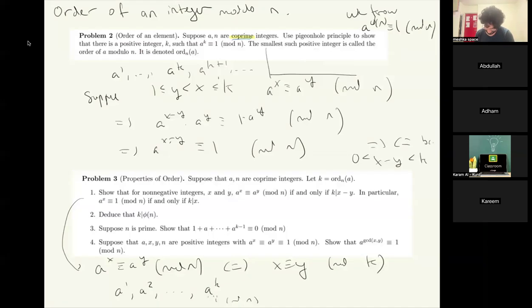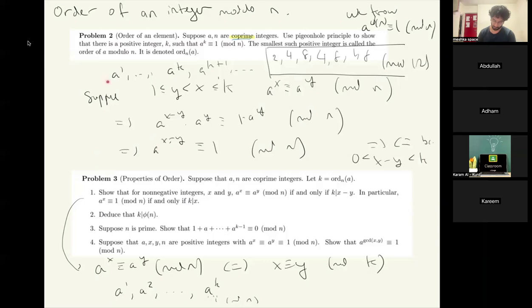Let's take mod 12. So what are the powers of 2? They go 2, 4, 8, and then what's after 8? It's 16, right? And 16 is again 4. So there's 2, 4, 8, 4, 8, 4, 8. So you see it's weird. It repeats, but there's this 2 in front. That's not part of the pattern.